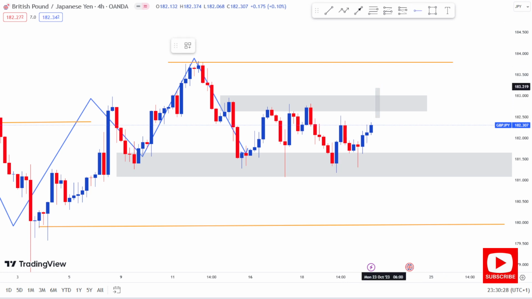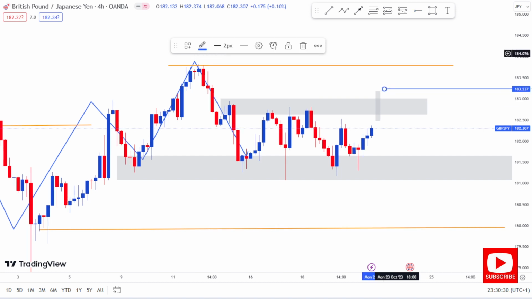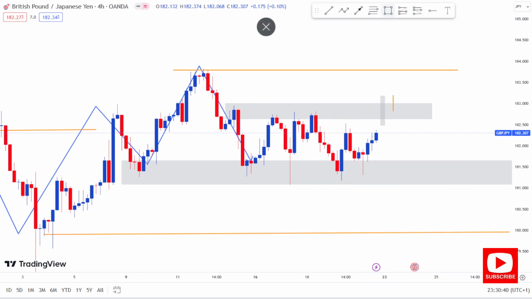If a wick like this breaks, if a candle wick, let's say this is a candle wick and the candle is right here, if this kind of thing happens, then we don't classify this as a break of the zone or structure. We have to make sure the body of the candle breaks.